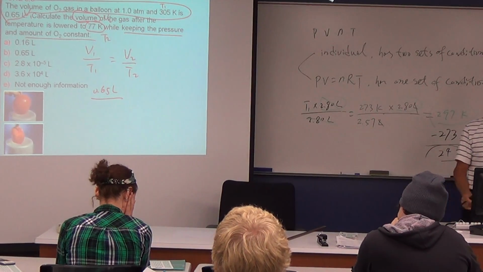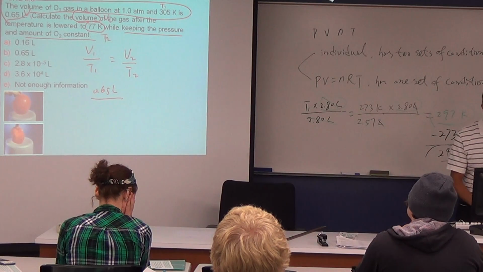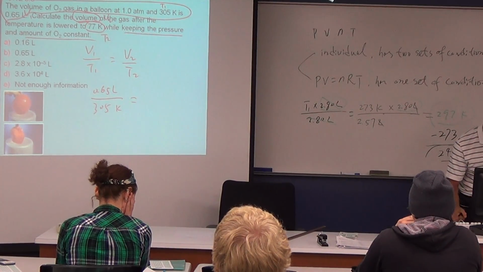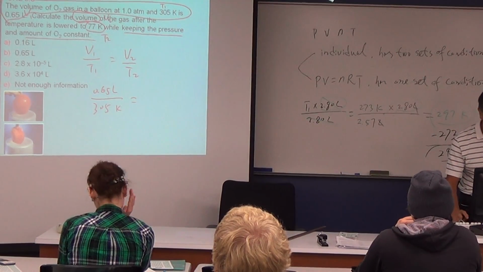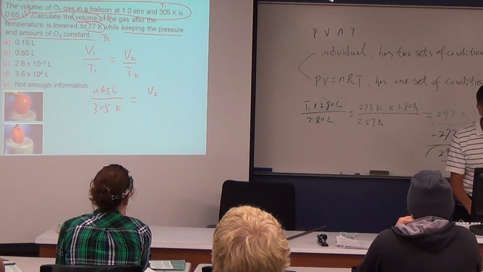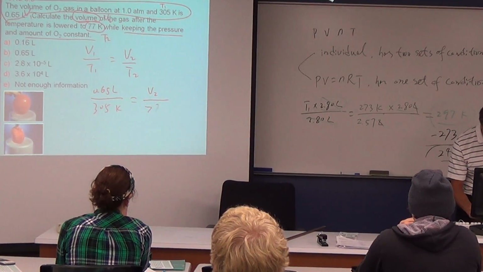Yeah, if not in Kelvin, in one step, just adding 27, right? So that's good. So you have 305 Kelvin. Do we know V2? We don't know V2. If we don't know, just keep that as a variable. Do we know T2? 77 Kelvin.